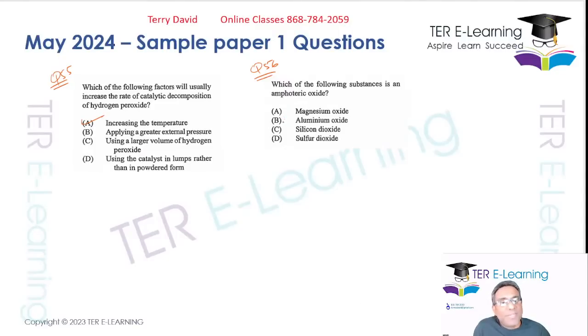What about question 56? Which of the following is an amphoteric oxide? There are 4 different types of oxides you all need to know for the exam: amphoteric, neutral, basic oxide, and acidic oxide.